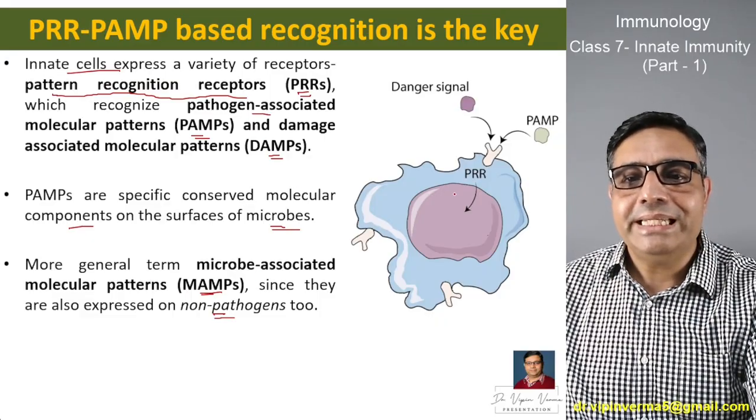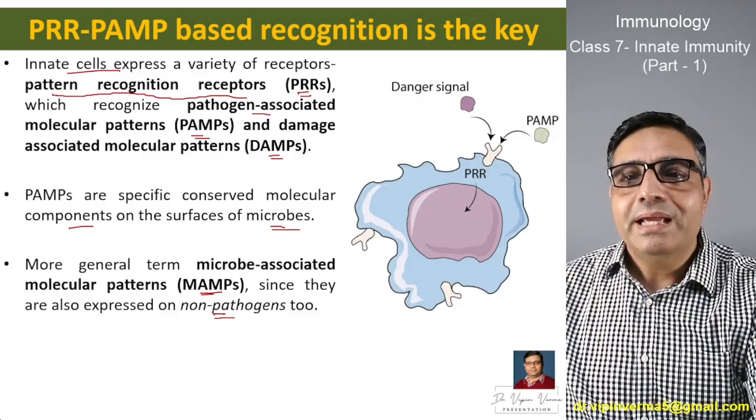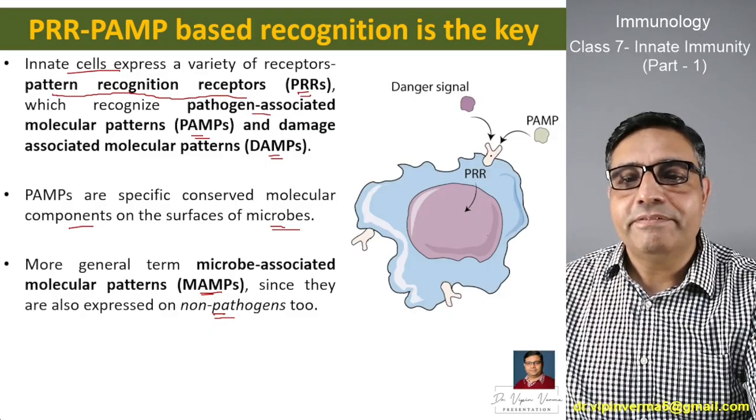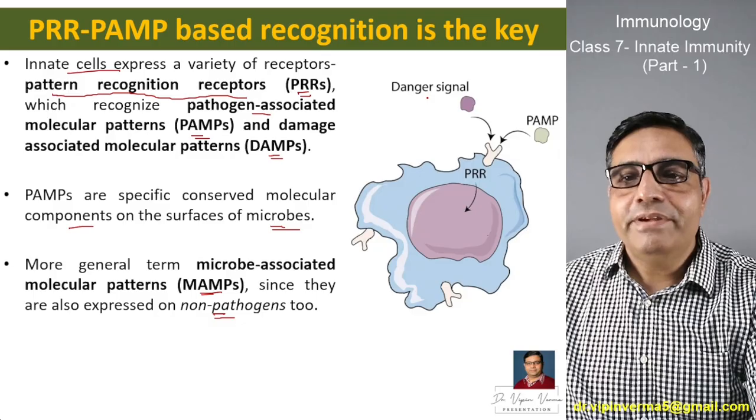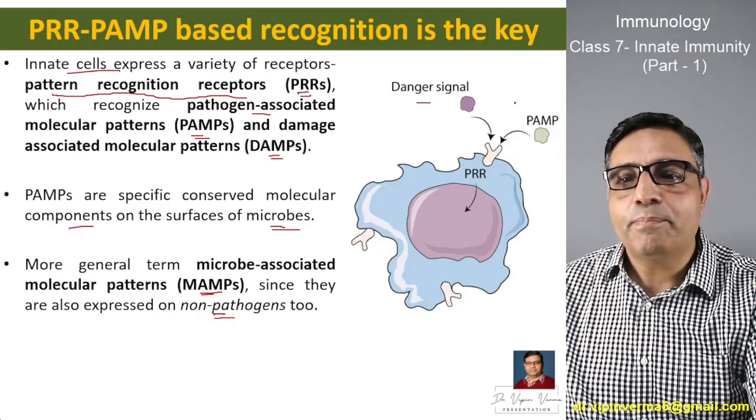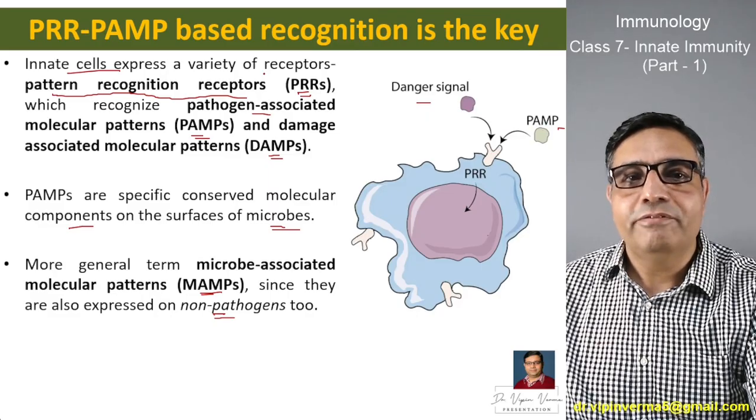So here you can see this is the PRR, a receptor present on, let us say, a macrophage, and here we have the DAM and here we have the PAM. In both cases they can bind to the PRR, and once the PAM and PRR bind, we call it a PRR PAM interaction.